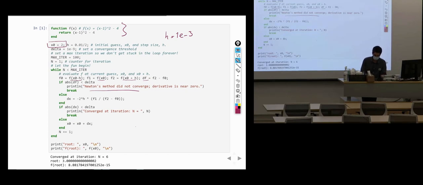Again, if that's not a problem, calculate the delta x. I call it dx, which is negative of 2 times h times f1 divided by f2 minus f0. My function is central delta, right?